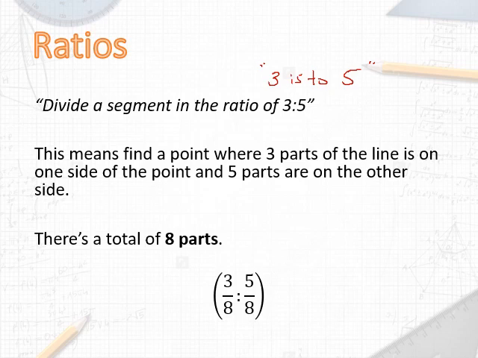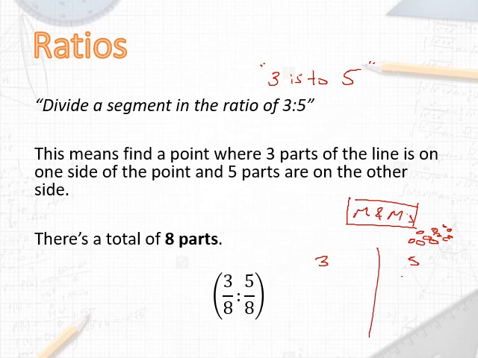So if you imagine like you had a bag of M&Ms, and you pour them all out on the table. And you said, I'm going to divide these up with a sibling, a friend, whatever, in a ratio of 3:5. So that would mean this person gets 5, this person gets 3.